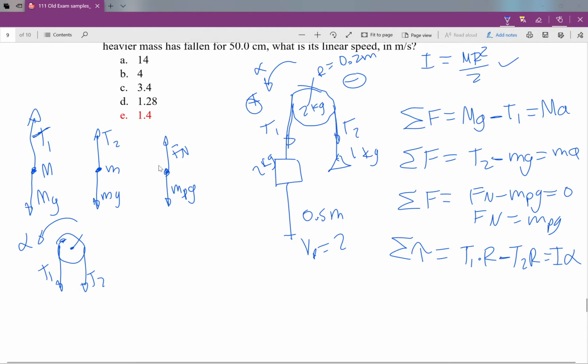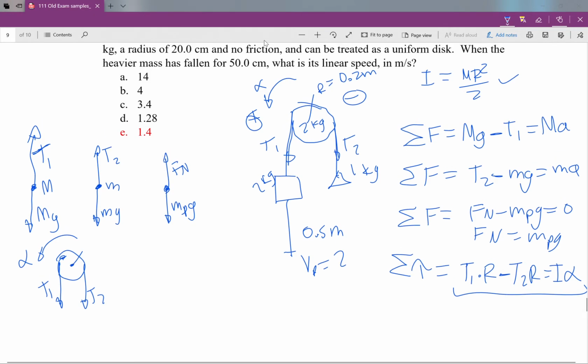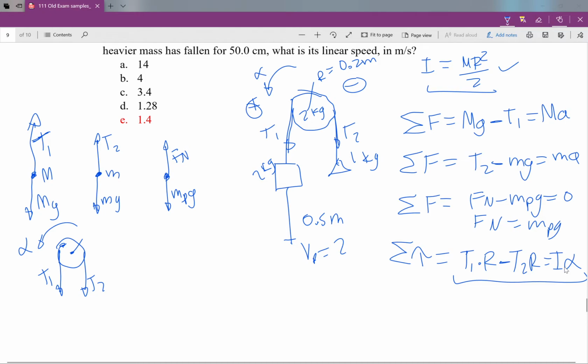We can already simplify this equation by substituting the moment of inertia that we know from the disk, and by using the definition for angular acceleration in terms of linear acceleration.